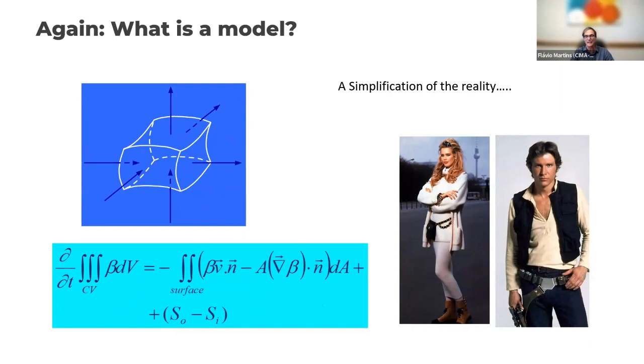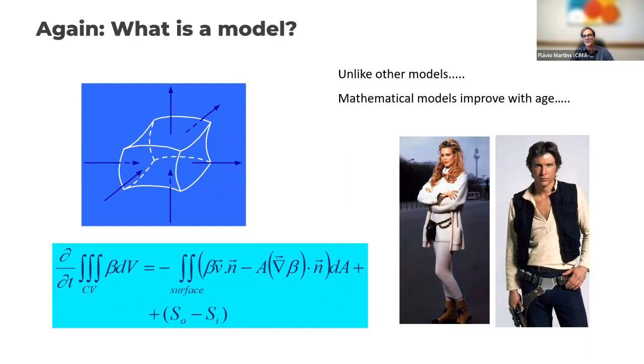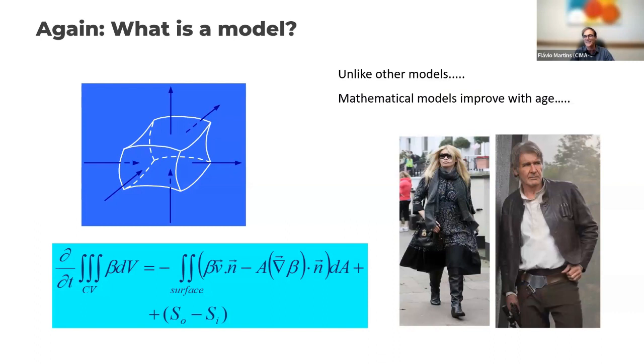They are mathematical models. And there is a big difference between the two, which is that mathematical models improve with age. If it is an older model, it is usually better than a new model. The models on the right are not exactly the same. You see, when they get old, they get worse than when they were young.